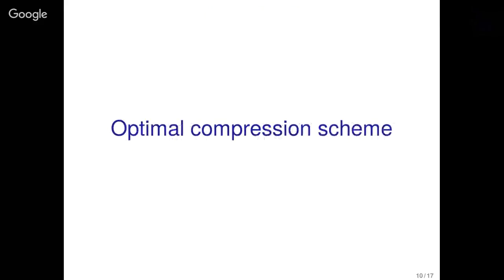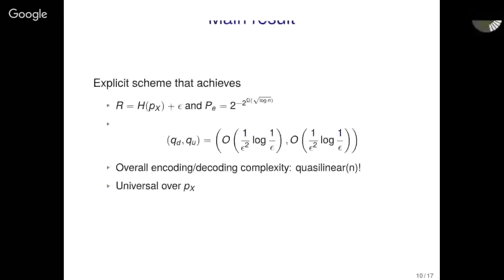So in the rest of this talk, I'm going to give a brief description of our compression scheme. Our main result is the following. We have an explicit compression scheme, which for memoryless sources can achieve rates close to the entropy. The probability of error decays faster than polynomial in n, but is not as fast as exponential.